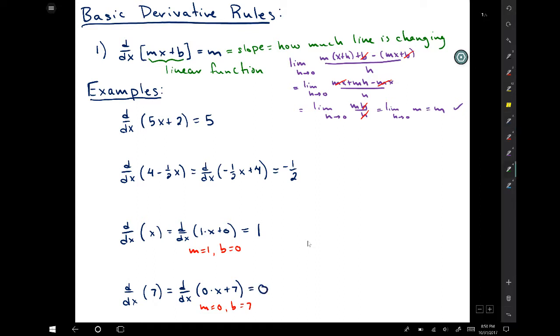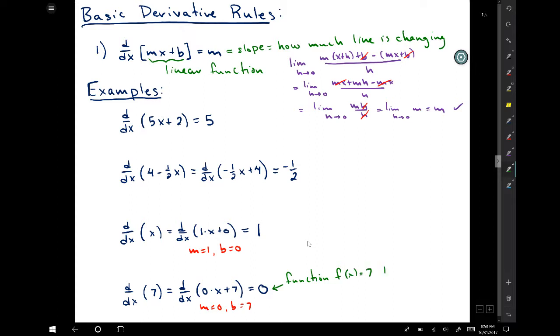So again, going back to our intuitive idea of the derivative, this means that the function f of x equals 7 doesn't change. Remember, the derivative is how much our function changes, and so what we're saying is that our function does not change.